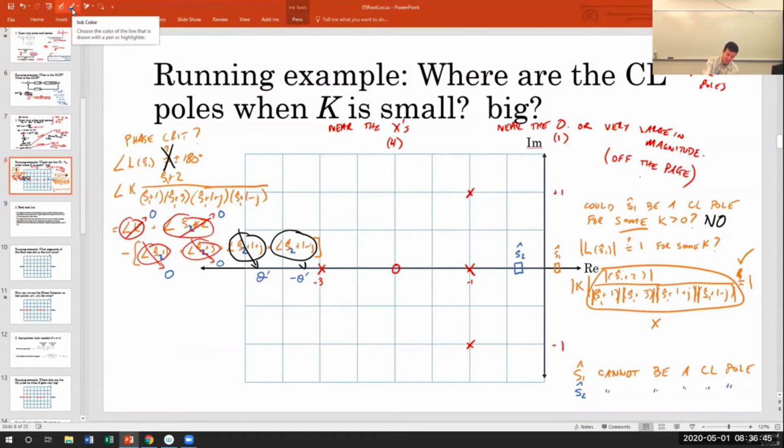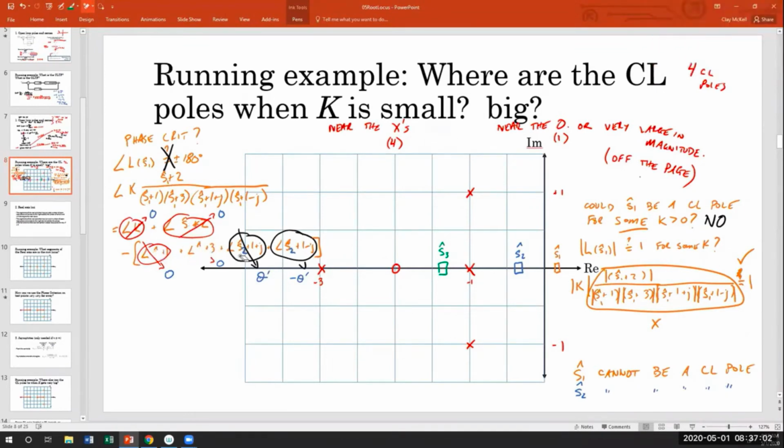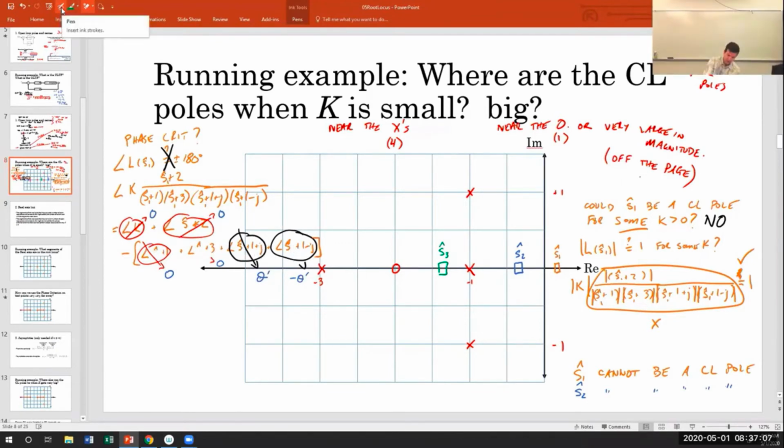But I want to now get you to see that S3 hat is different. And I want you to tell me what is different about S3 hat. Isn't it in the middle between a pole and a zero? Sure.